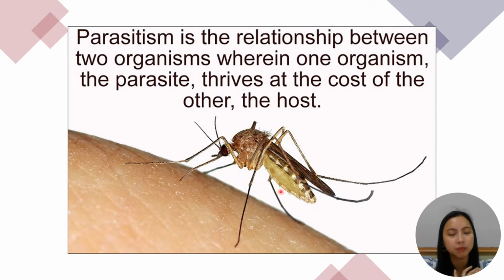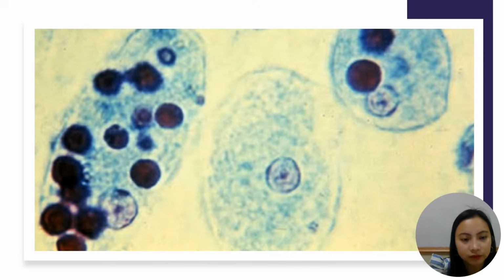So this mosquito benefits from us by sucking our blood, while we are harmed because we can harbor different types of diseases like dengue and malaria, or also the itchiness that we feel right after. So that's another way of harming us, not just those other types of diseases. The simple itching is already at the expense of the host, or us. So this is one example of parasitism.